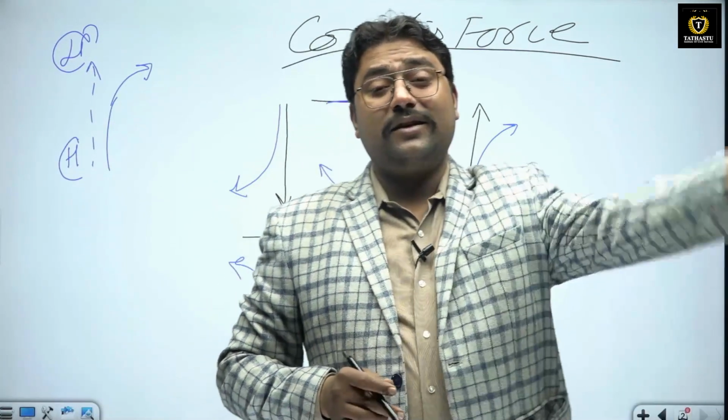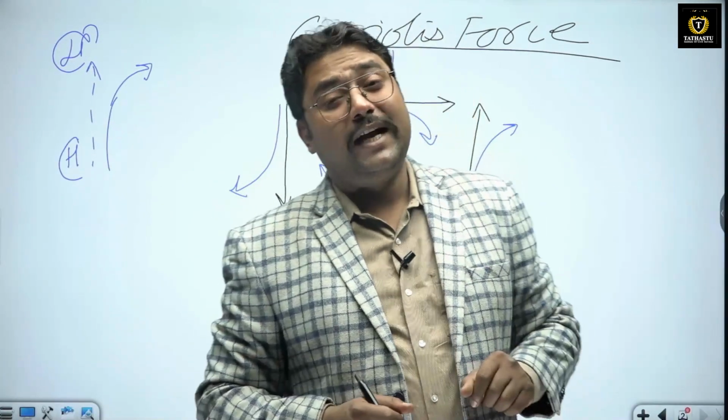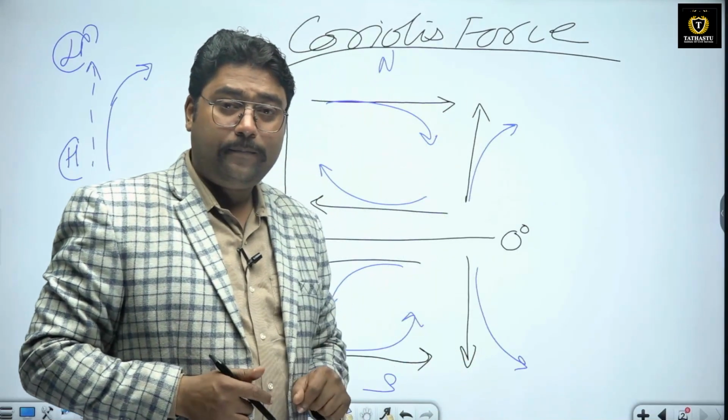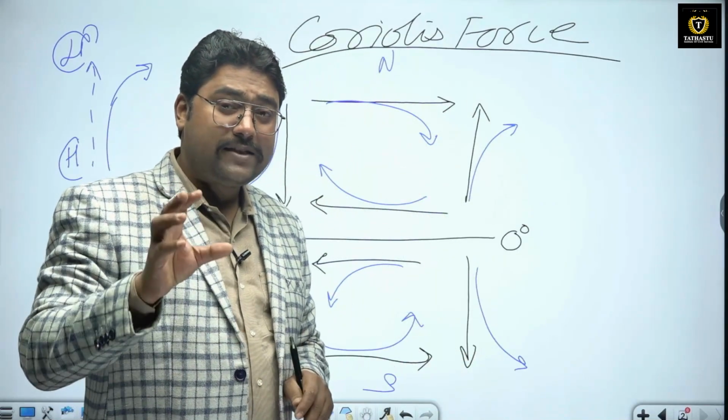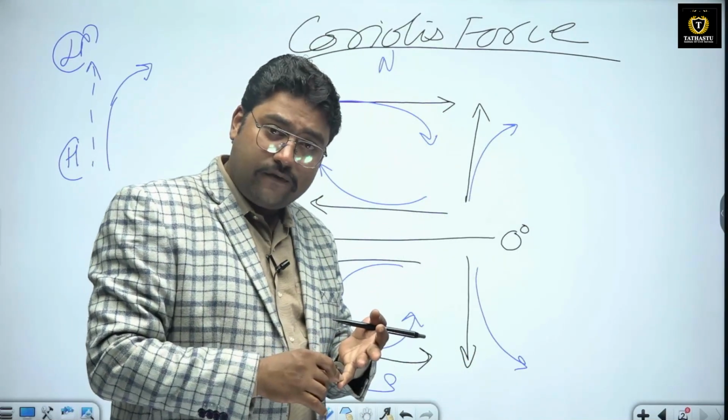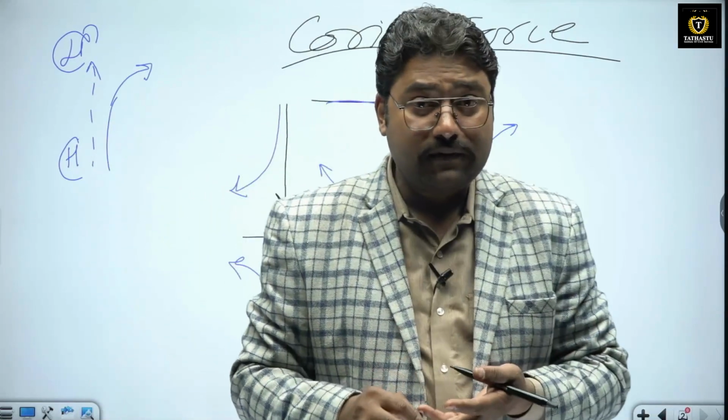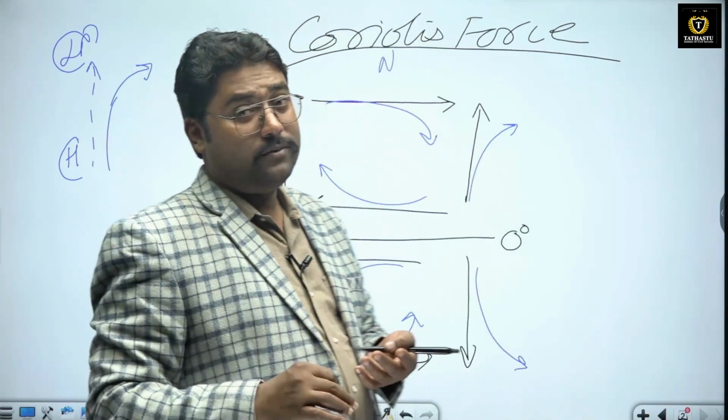So these are the three major factors which affect the movement of wind: pressure gradient force, Coriolis force and frictional force.